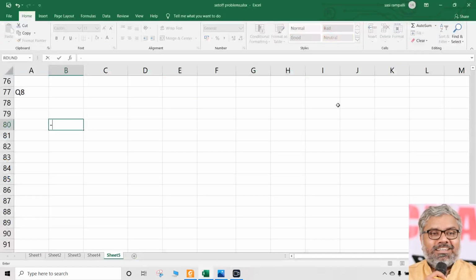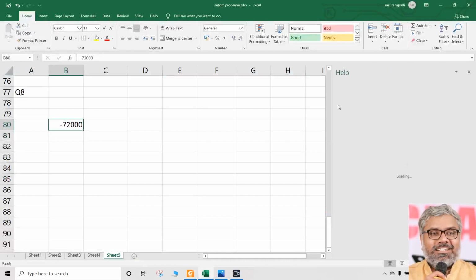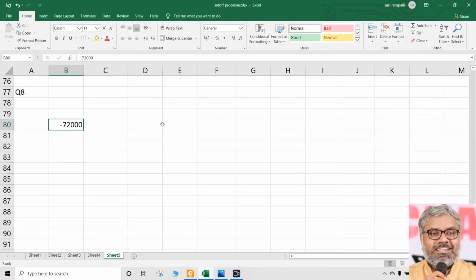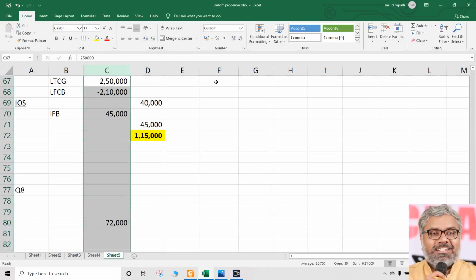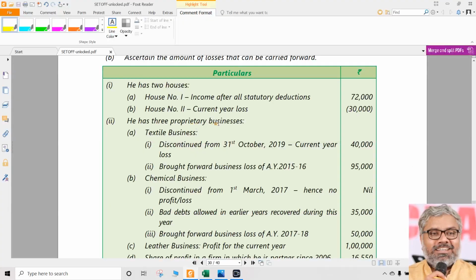So we can just use this head-wise also. 72,000 is positive here and negative is 30,000.